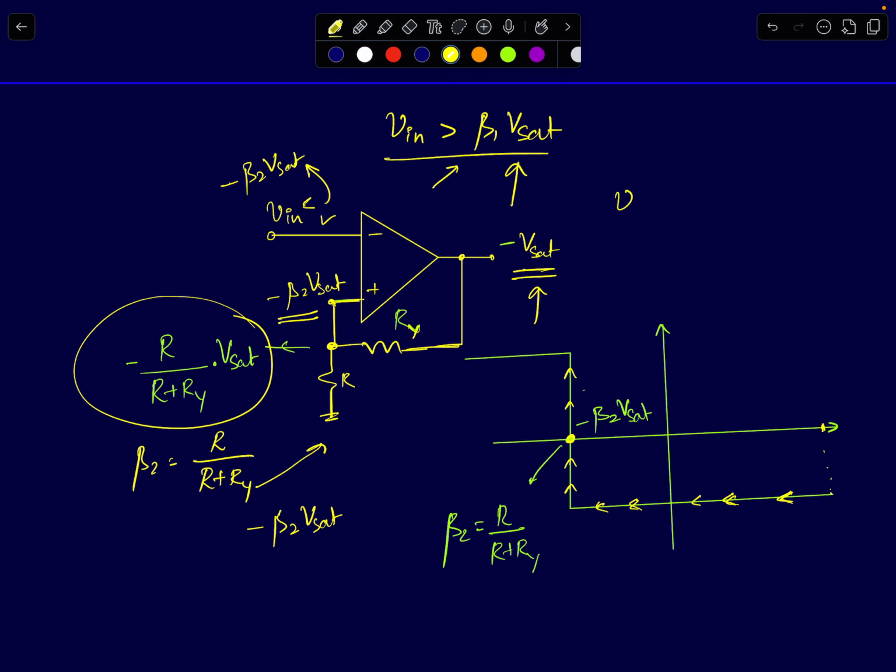At that point, your V plus will become greater than V minus because your V minus is just the input voltage itself. It has gone to a lower negative value than V plus. So then your output will go to plus Vsat. The moment your output goes to plus Vsat, V plus will become positive and V minus is already negative to begin with because that's the input voltage itself. Your input voltage is negative. It is in this region. So V minus is negative, V plus is positive. So therefore your V minus will be less than V plus and output will stay comfortably at plus Vsat.